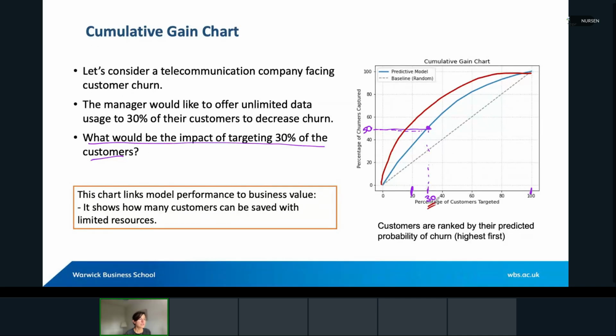For both models, if we only target the top 30%, while one of them can help us to catch 50% of the churners, the other one can help us to catch 70%. So which model to choose? Definitely, you will focus on the red one since, using the same budget, it can help you to identify more customers.